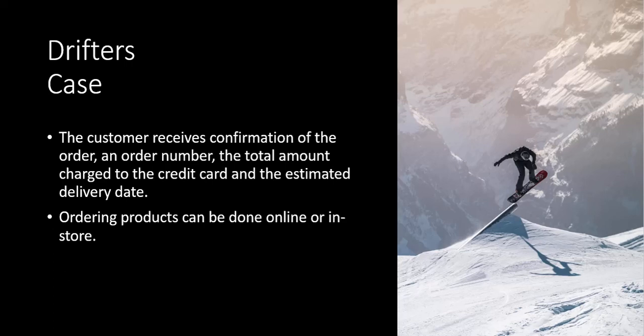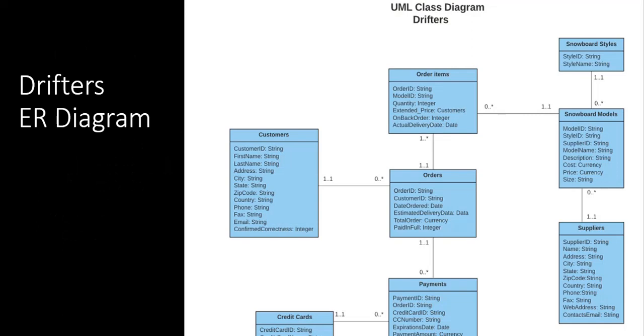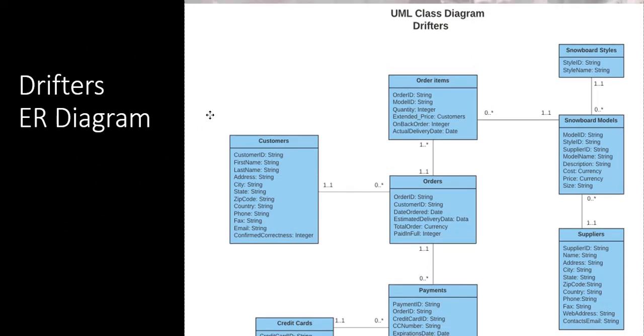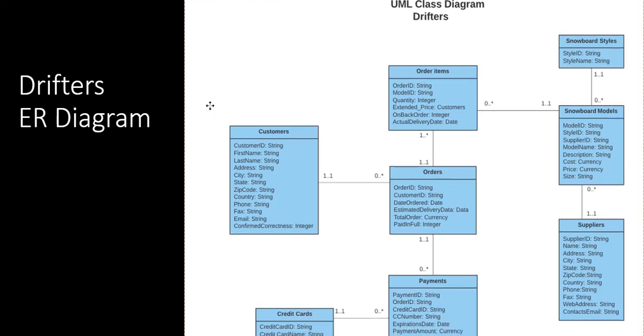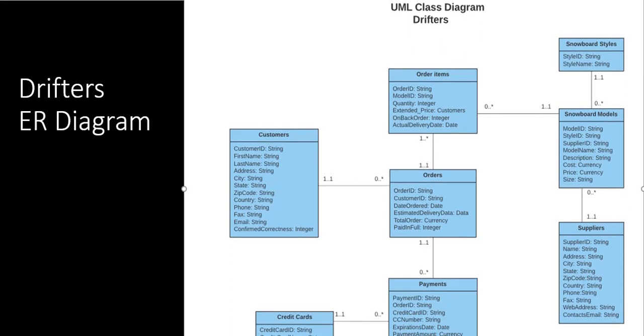So armed with that entire case and knowledge of some of the business rules, we have a UML class diagram, and that's going to include customers, and they have a relationship to orders.